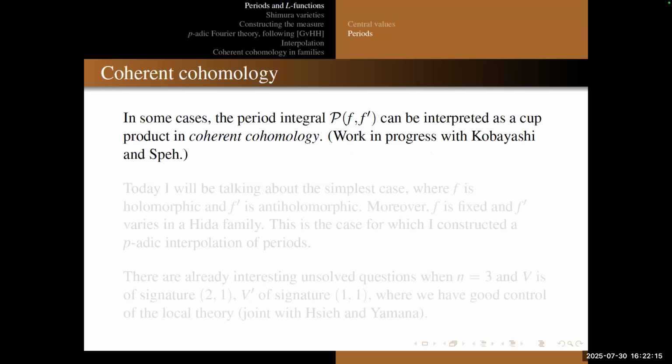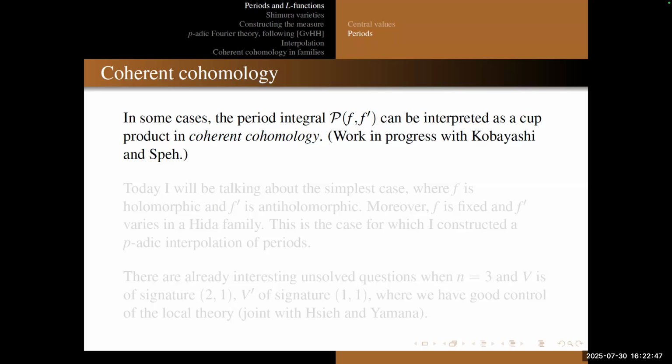All right. In some cases, the period integral can be interpreted as a cup product in coherent cohomology. And these have been classified in my work with Kobayashi and Hsieh, which is on the verge of coming out. In other cases, they cannot be interpreted as cup products, and so it's a total mystery how to define p-adic interpolation. I'm looking at the case where F is a holomorphic form on the larger group, and F prime is an anti-holomorphic form.